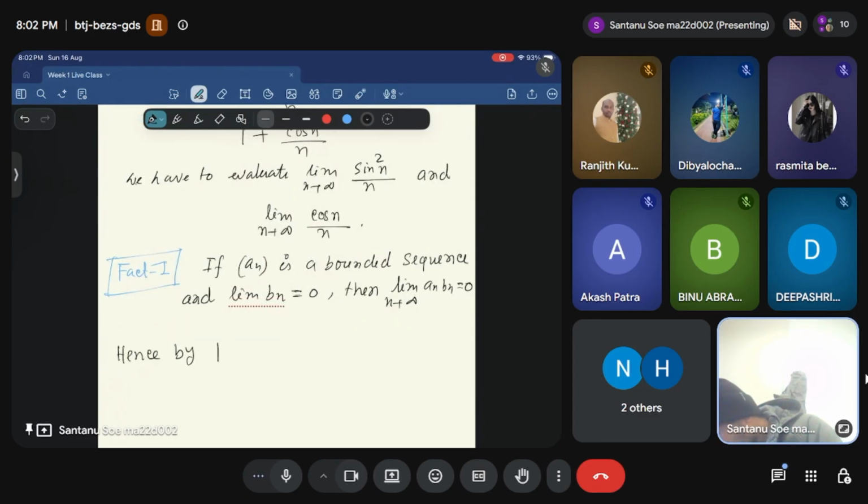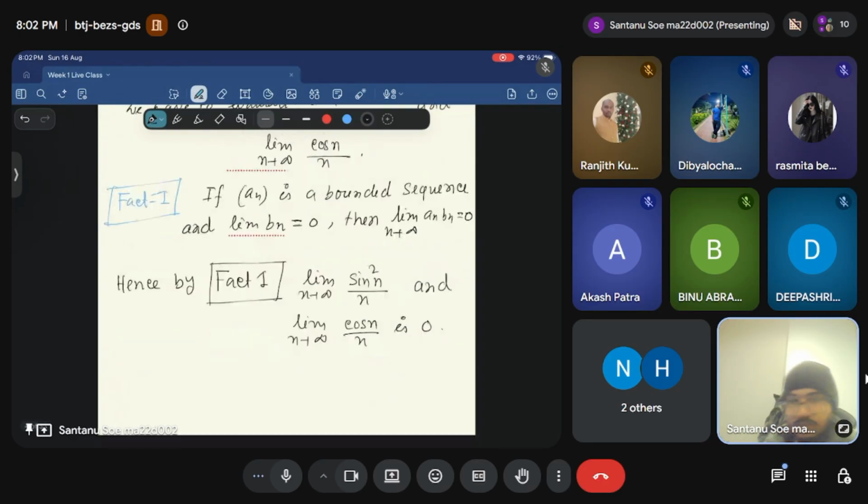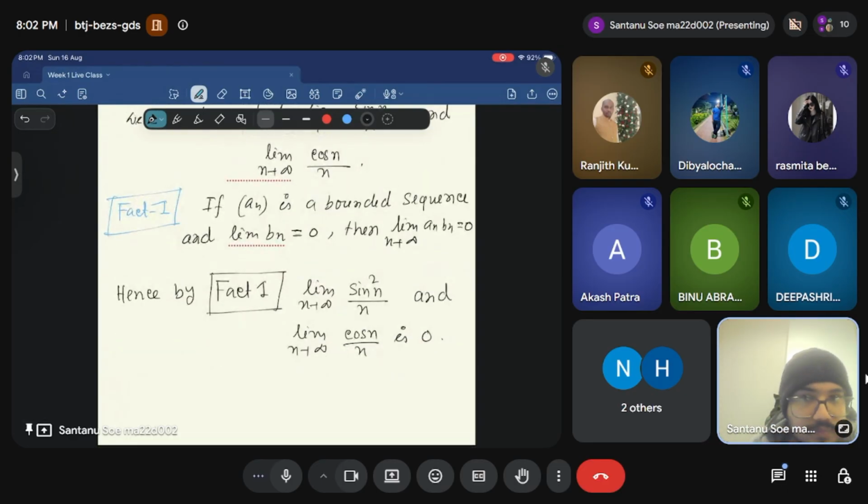Hence, by fact 1, limit n tends to infinity of sine square of n divided by n, and limit n tends to infinity of cos n divided by n, is 0. Correct?